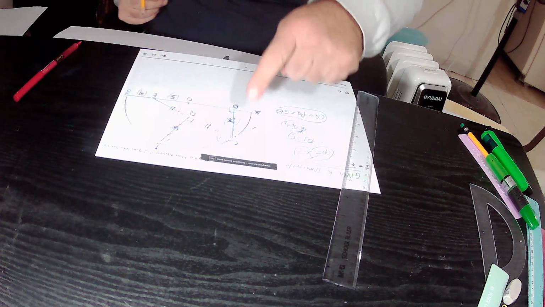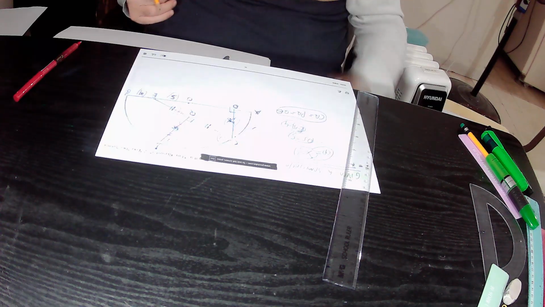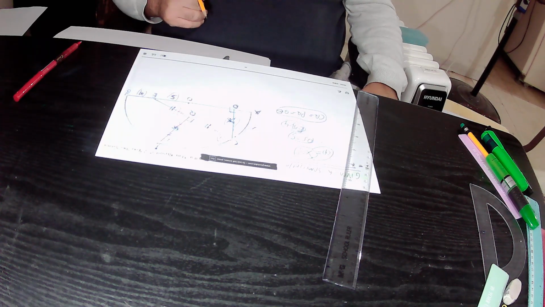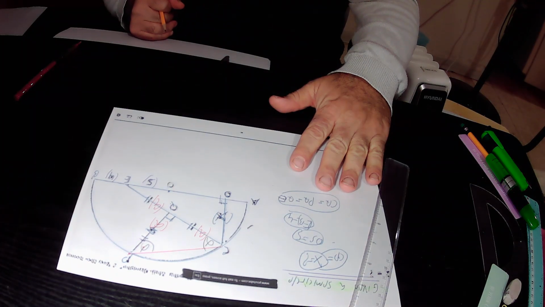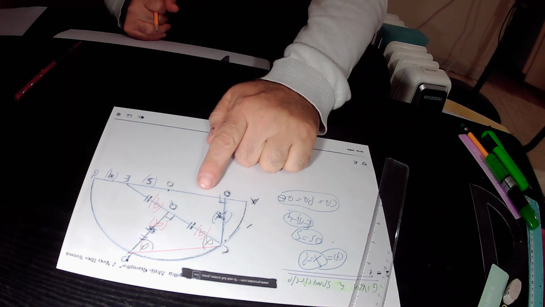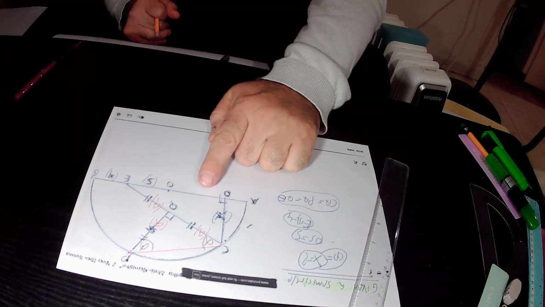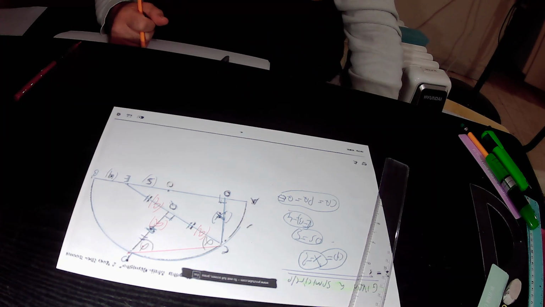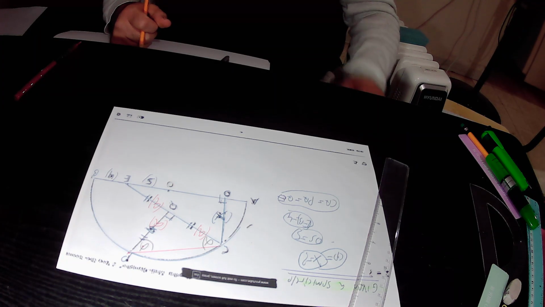In the right triangle CPQ, the sum of the angles must be equal to 180 degrees, according to the rule that says the sum of the angles in any triangle is equal to 180 degrees.